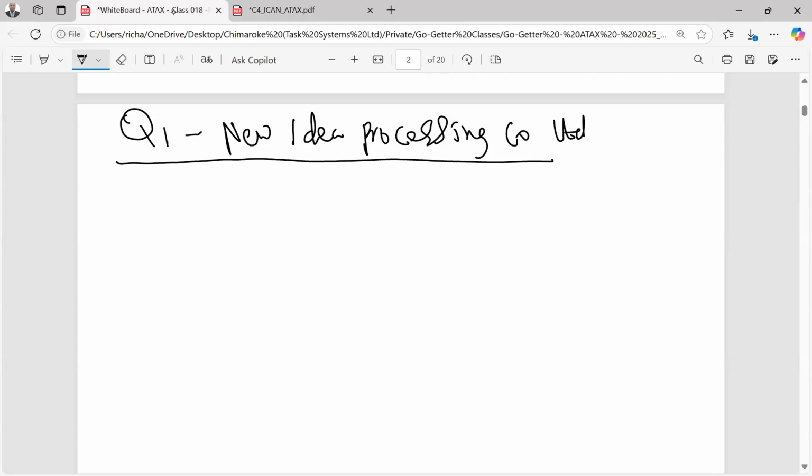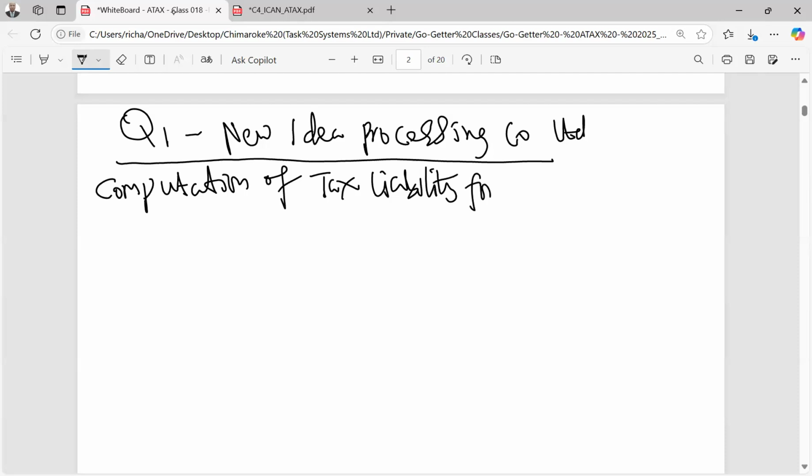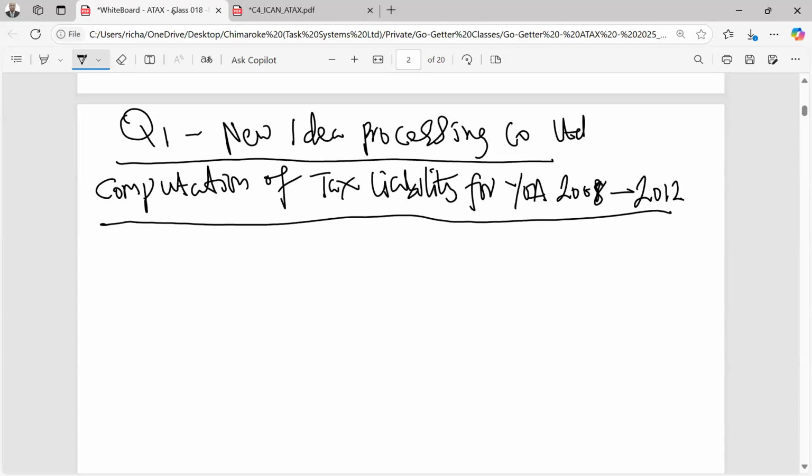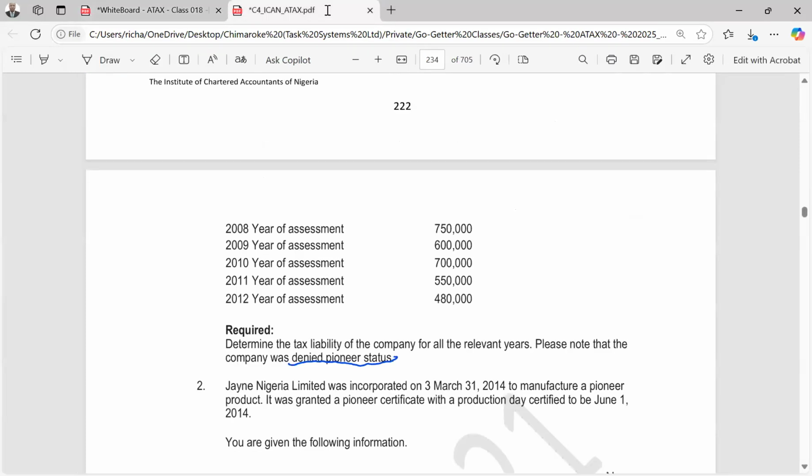So I will say computation of tax liability for years of assessment 2008 to 2012. Now, I got my hint from the capital allowances.